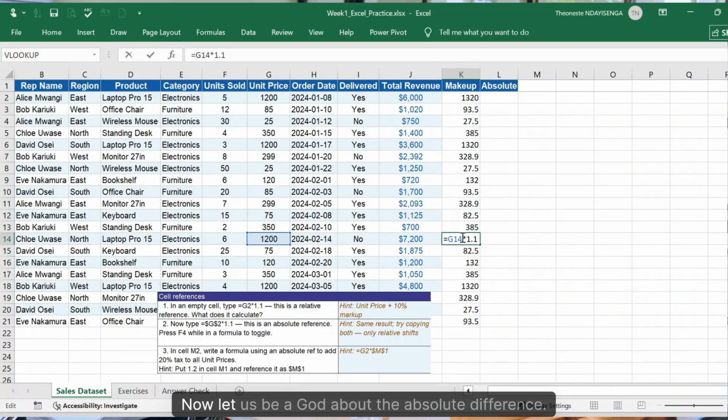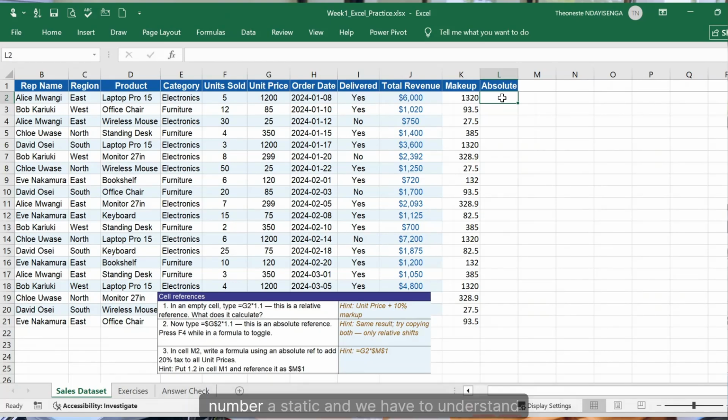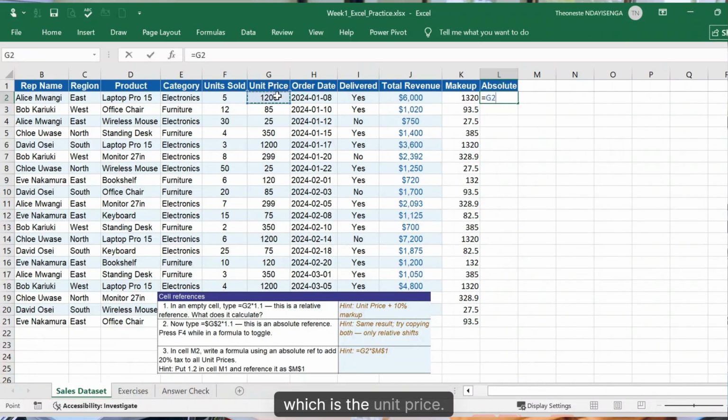Sounds good. Now let us talk about the absolute reference. Once we talk about absolute reference, it means we are going to make one cell static, and we have to understand when we need to use it. So with this one, I'm going to use the unit price, then I will press F4 on my computer to put the dollar sign.